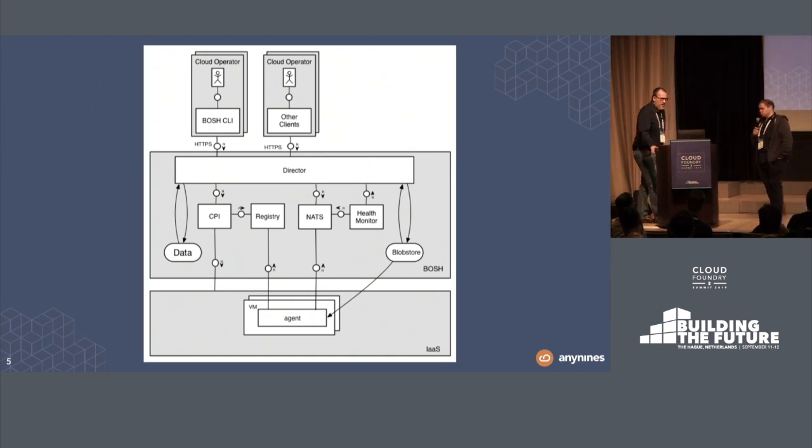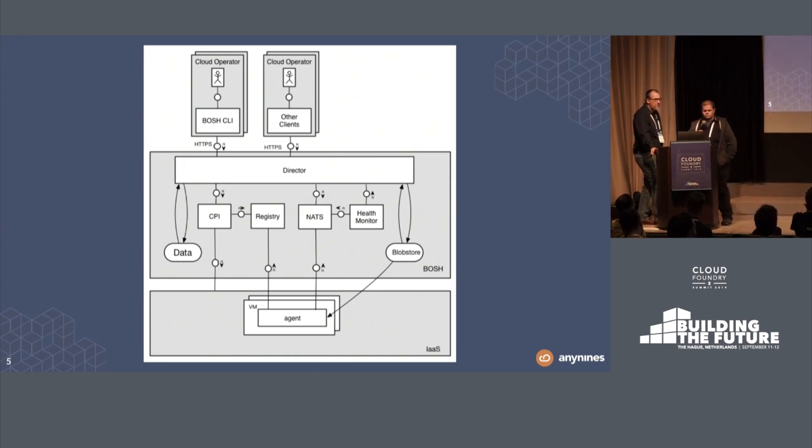For example, when you would like to have a VM created in BOSH, it's translated, like I already mentioned, and there you can also see the VMs on the bottom of the image. And on each VM, there is an agent which in turn communicates with BOSH directly.